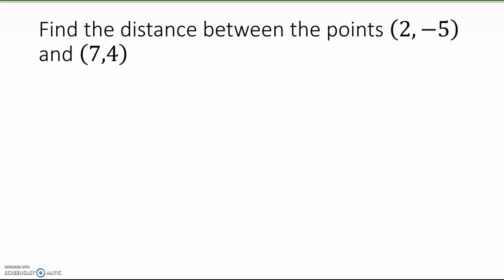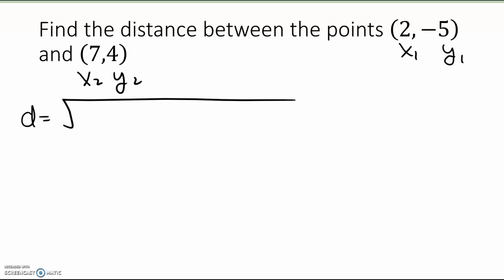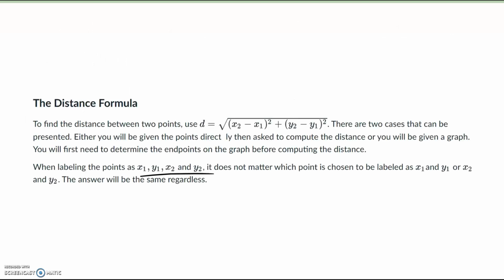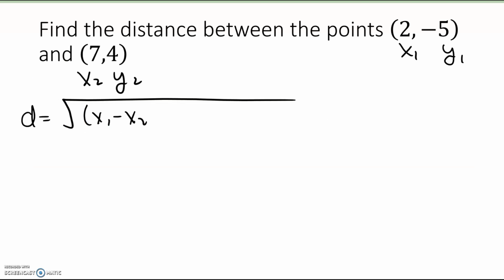Okay, so let's just go ahead and I'm going to say this is x sub 1, y sub 1, x sub 2, and y sub 2. And I'm going to plug that into my distance formula. Okay, so it's x sub 1 minus x sub 2. Double check. Oh, switch those.